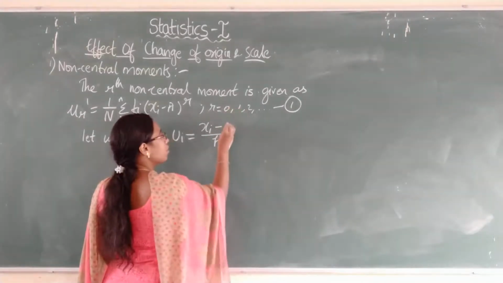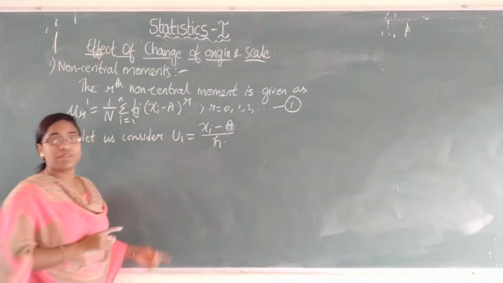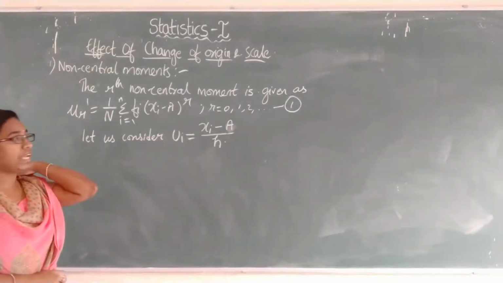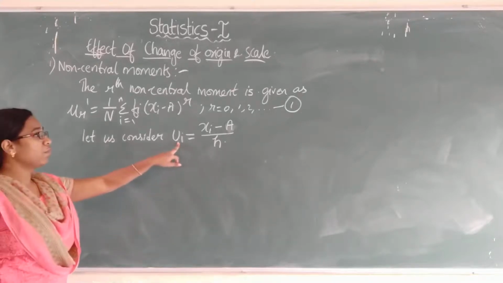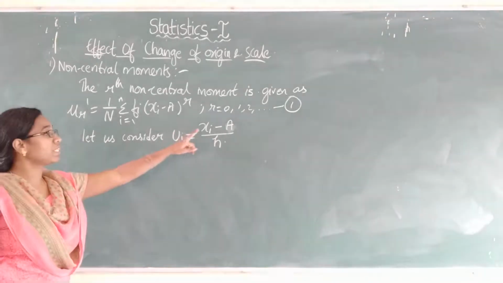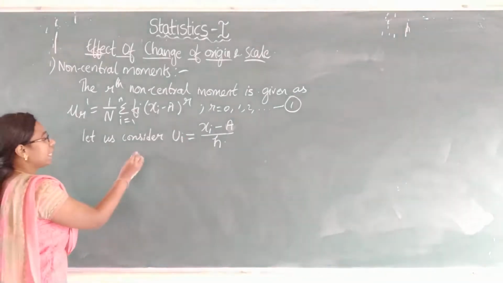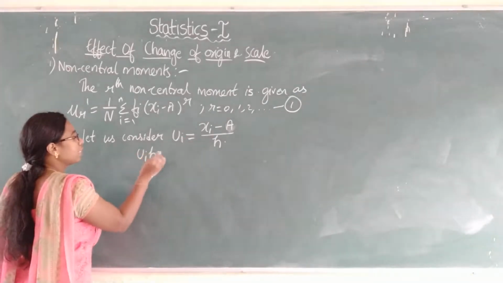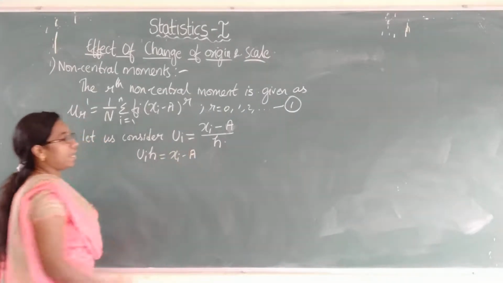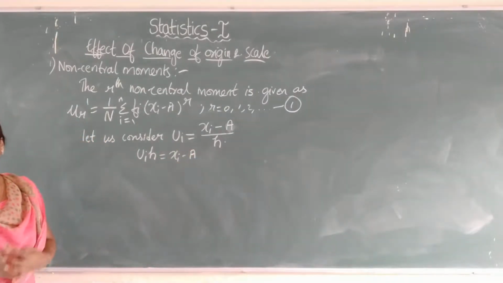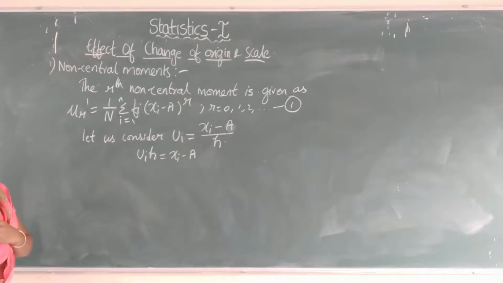If you used capital A in our previous shiftings, you also use capital A only. Now, what is the ui value? From this, what is xi minus a? I can get it as ui into h equals xi minus a. Now keep this one as equation 2.